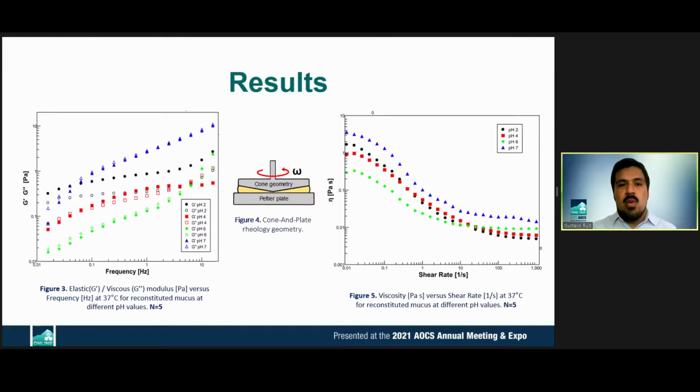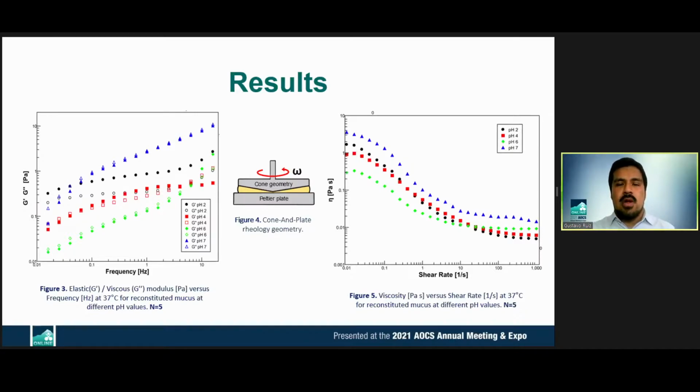As we can see with the black dots, which are related to the acidic conditions, there are elastic dominant properties. It means that in the stomach, mucus acts more like a gel. It's a protective gel, because the harsh acidic conditions could start auto-digesting our stomach. That's why it's more like a gel.